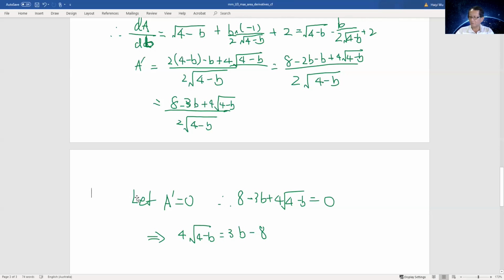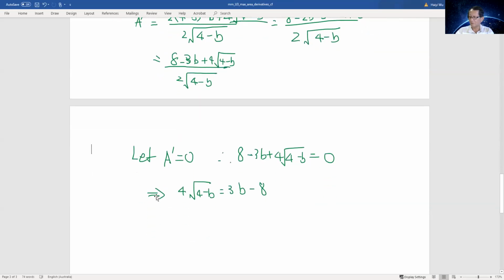All right, because we want to undo that square root sign, we square both sides: 16 times 4 minus b equals 3b minus 8 squared.